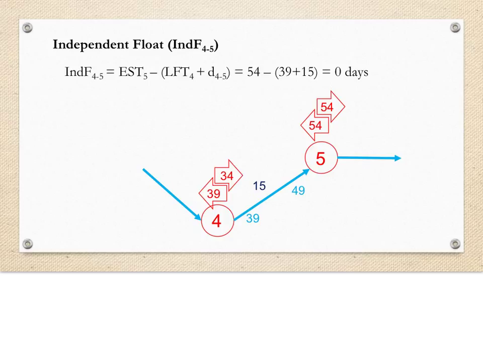We add the duration 15 to the 39 days, and we get 54 days. So when we subtract it from the earliest start time of 54 days for event 5, we get an independent float of 0 days. This means we have no additional activity that can be delayed without affecting the earliest start time of event 5.